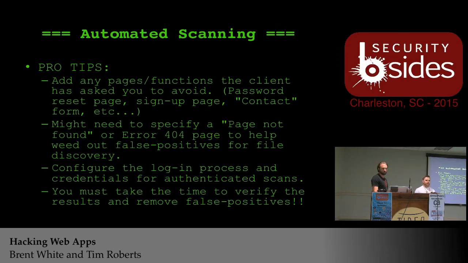On a lot of sites, if you request something that's not there, it will automatically take you to a home page or something. So when you have a scanner sending thousands and thousands of requests looking for files, it's going to say, yeah, we're all here, but it's not really there. So you can go and specify the page not found, or whatever the scanner calls it.